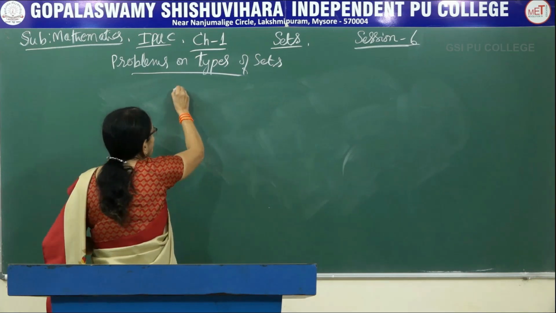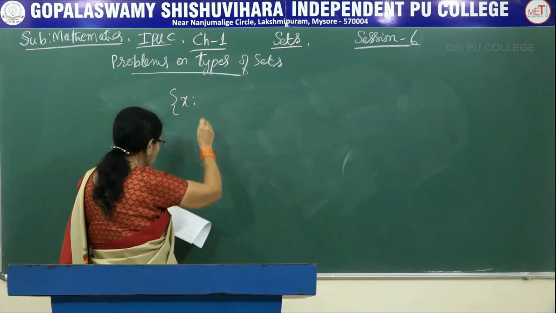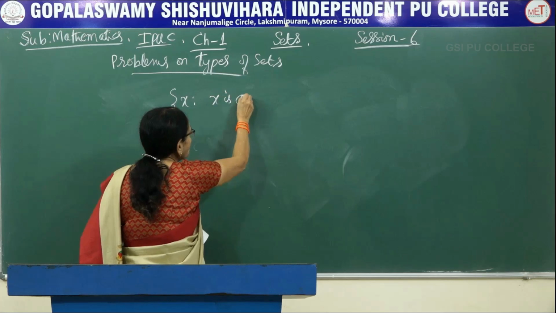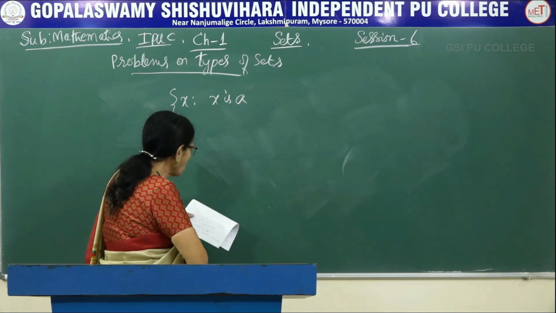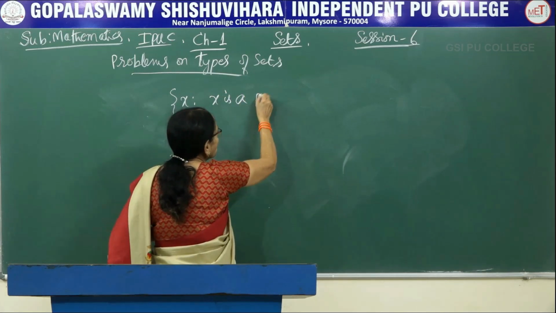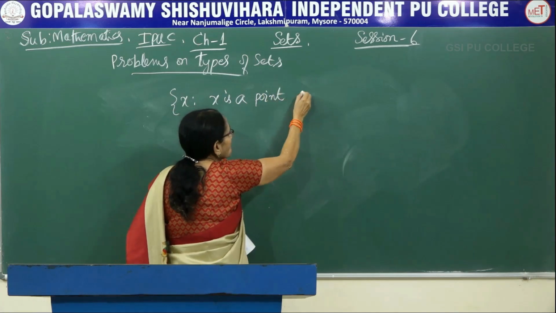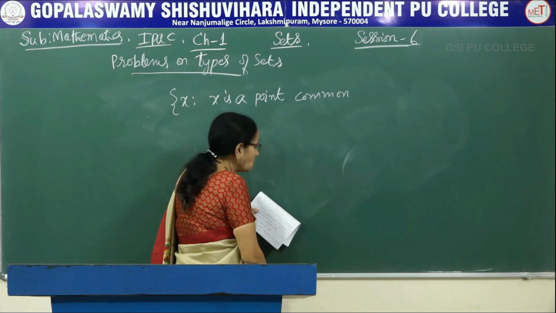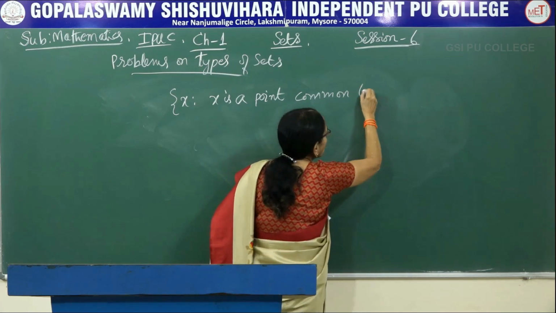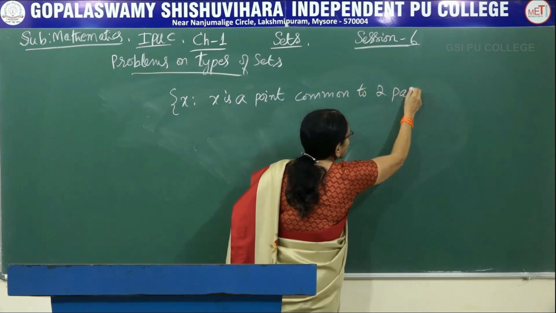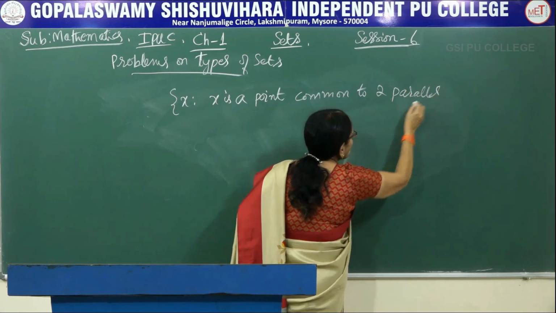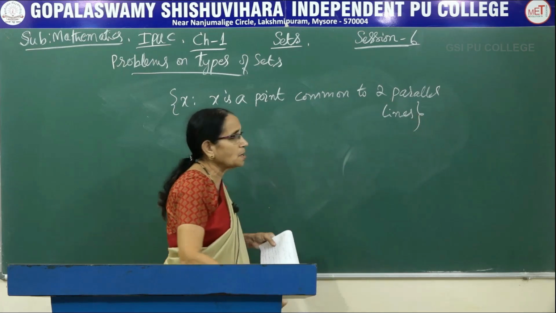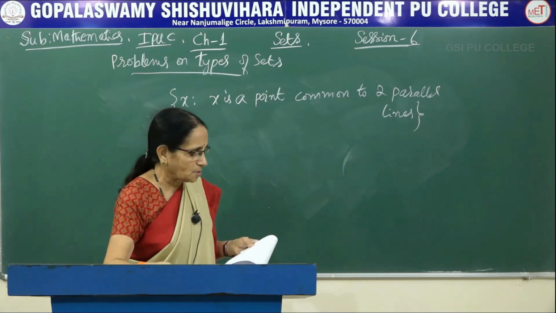Now the next one, the set containing all x such that x is a point common to two parallel lines.